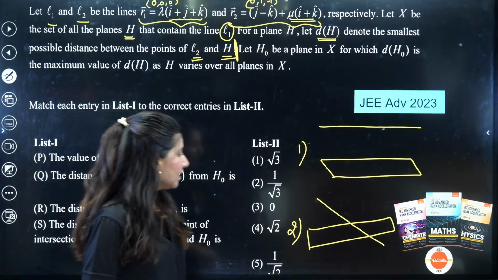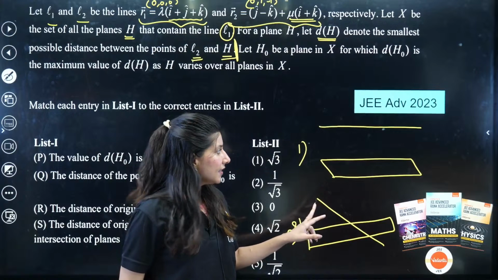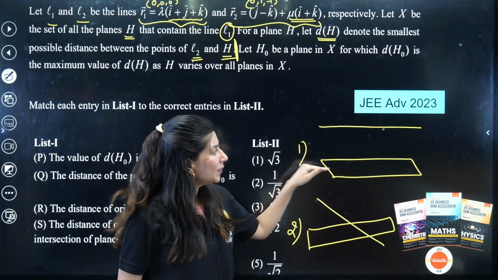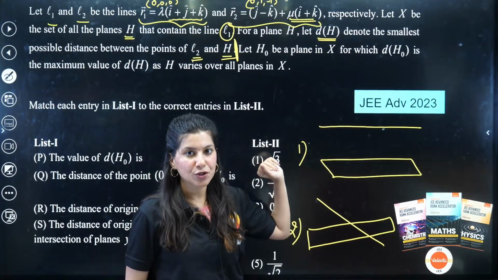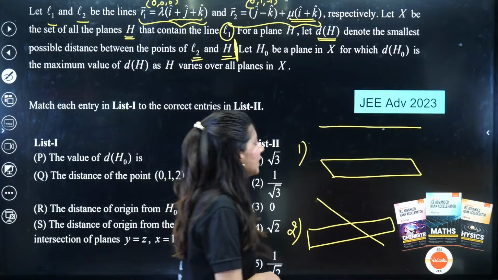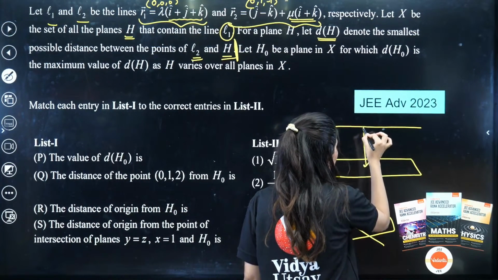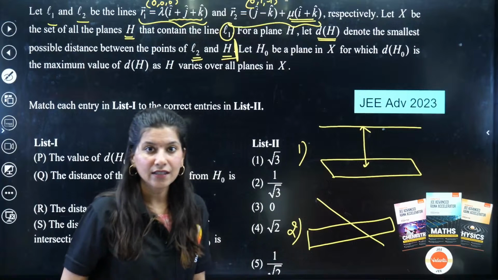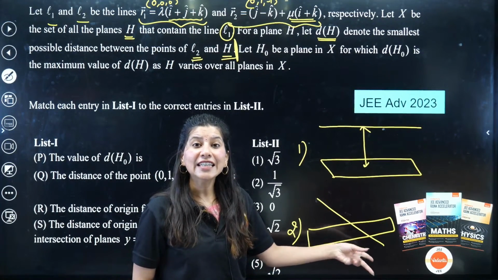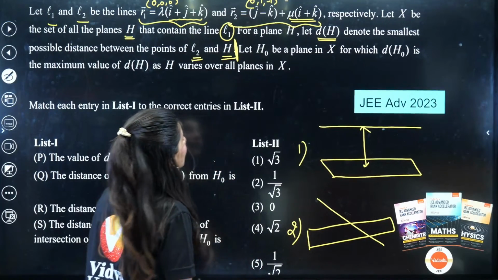So basically the cases are like this: in the first case you can clearly see that the plane and line are parallel to each other. When plane and line are parallel to each other, we will be able to see some distance, right? The distance won't be 0 over here. But if plane and line are intersecting each other, and you know what this dH is?